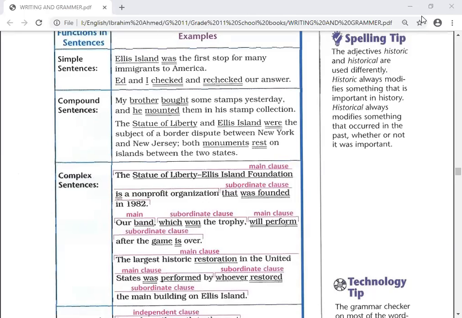This is the end of the first sentence. Then we have a semicolon, another independent clause: both monuments, the subject, rest, the verb, on islands between the 2 states. We have here 2 independent clauses separated by a semicolon.